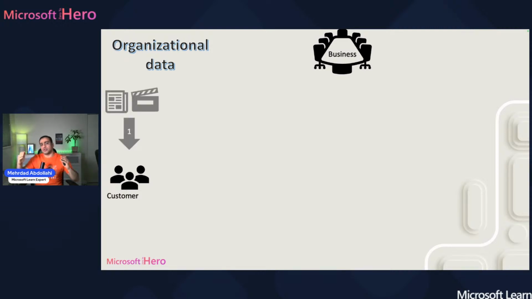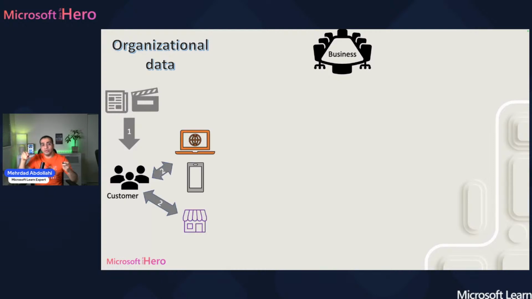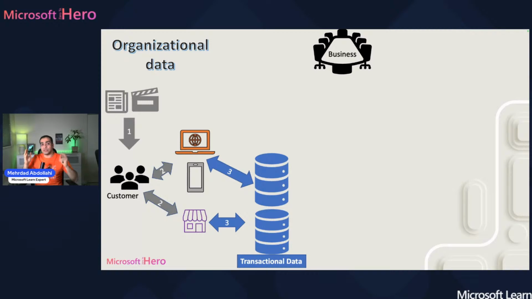These customers are going to be fed with advertisements from movies, magazines, newsletters, or whatever. They know about this business, they're going to go to the website, to the store, or on the mobile app, and they're going to purchase something, right? And the transactions of that purchase, or their attendance at that store, will be stored somewhere that we call transactional data, right?